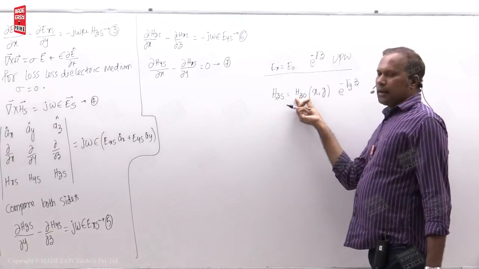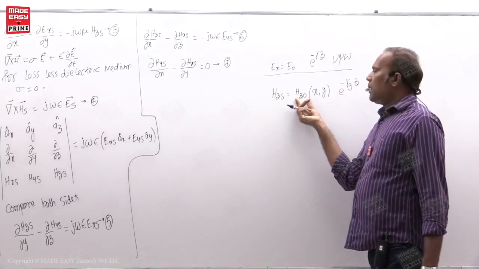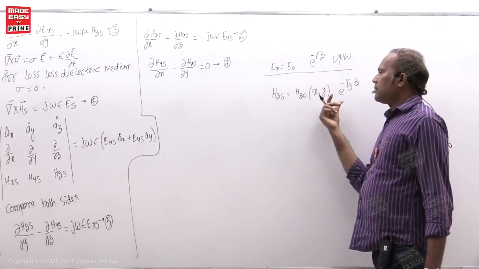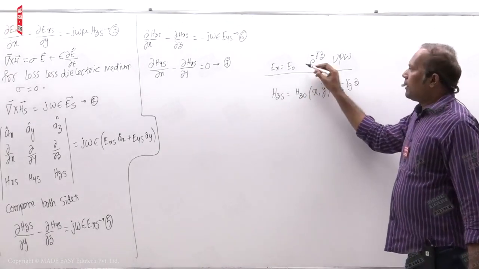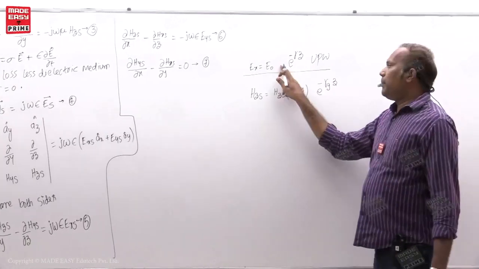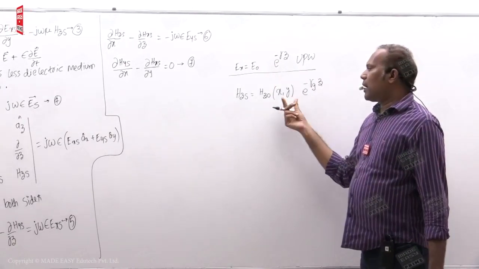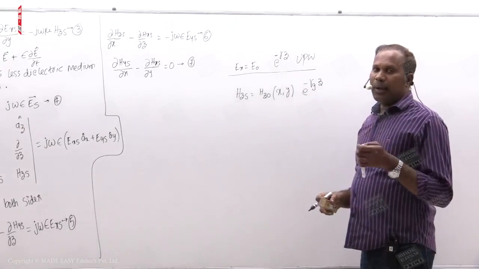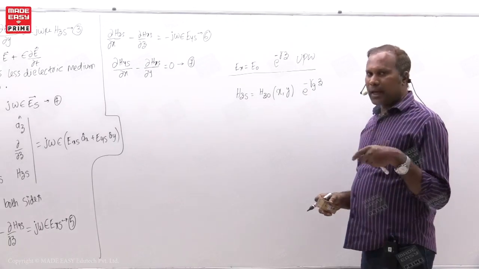This Hz naught is actually the initial magnetic field of z component. It is a function of x and y, some function. Because there is no function of x, y in an unbounded medium. But here waveguide walls are there in x direction, like I told you, m pi by a term comes like that.